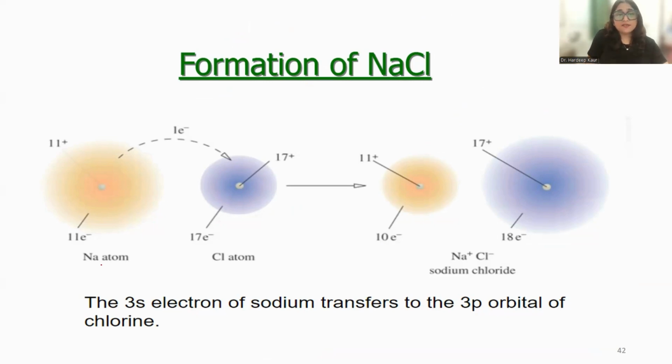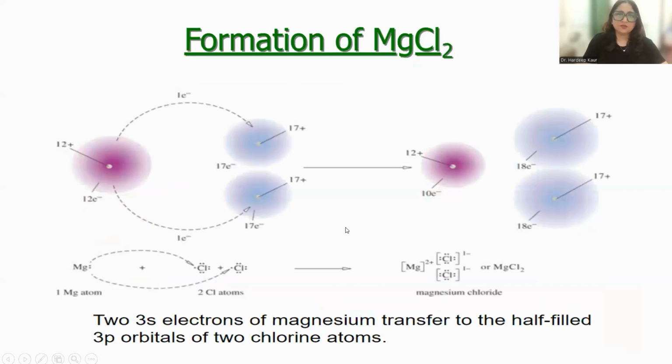Now easily Na atom and Cl atom can combine, because sodium will convert into Na positive, Cl will convert into Cl negative. Why? Because this one has an extra electron to give and this one has a place to take one electron. So they are just transferring the electron. So the 3s electron of sodium transfers to the 3p orbital of chlorine.